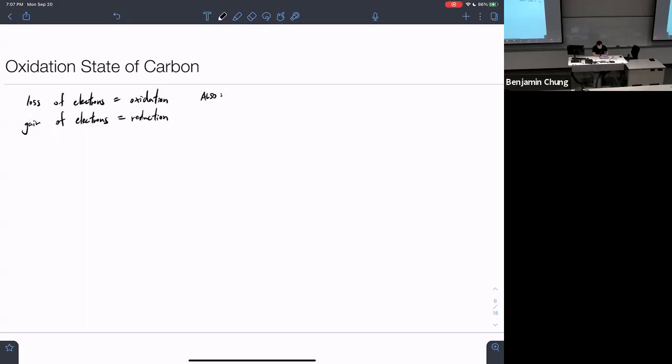But this is sort of saying the same thing in different words. Oxidation, we can also describe carbon atoms that have lots of heteroatoms as having a higher oxidation.